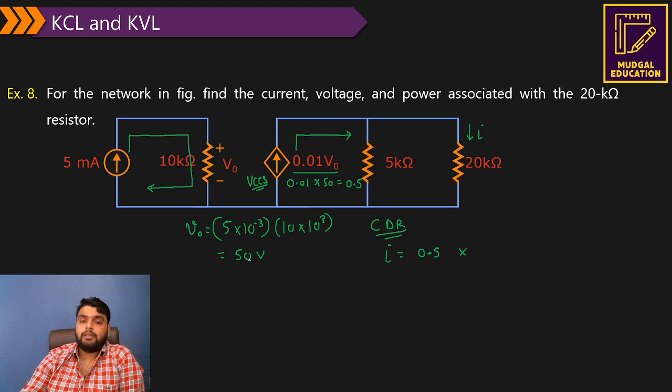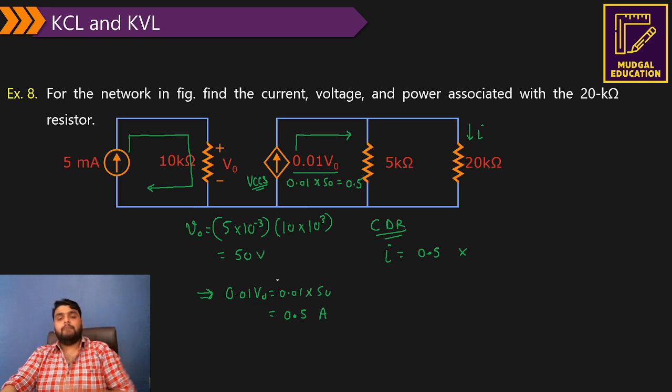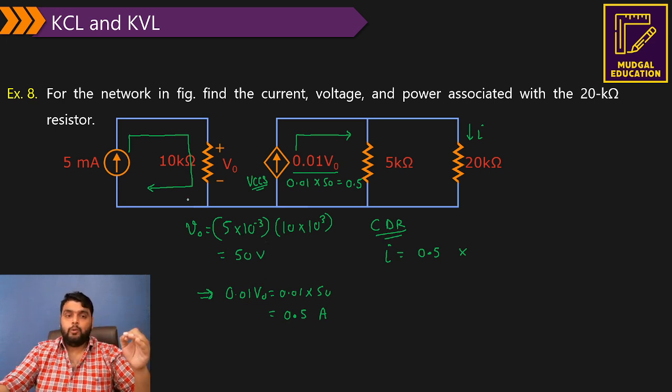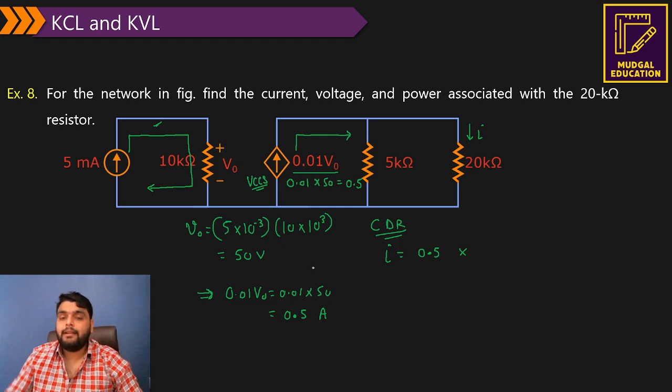The voltage comes out to be 50 volt and it is 0.01 V0. We calculate 0.01 V0, it is 0.01 multiplied by 50. So it is 0.5, it is actually in ampere. Why? Because the voltage that we have calculated from the first loop, from this particular loop, is in volt. So now we have a 0.5 ampere current which is flowing.